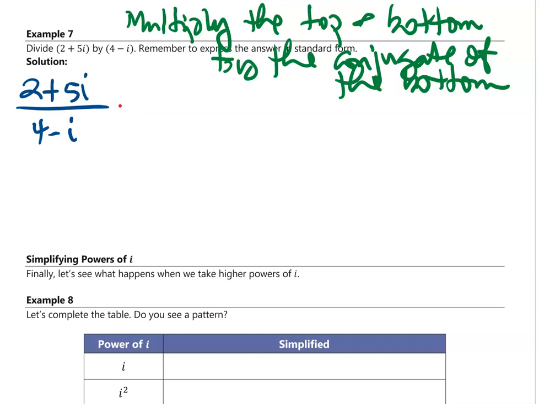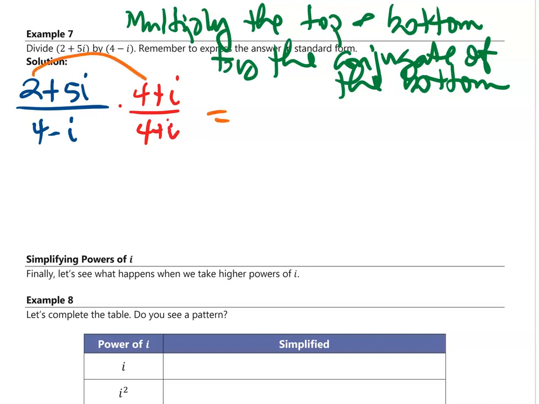So what's the conjugate of 4 minus i? Yes, it's by changing the sign of that. So 4 plus i. So multiply by 4 plus i over 4 plus i. Then you can simplify this now.